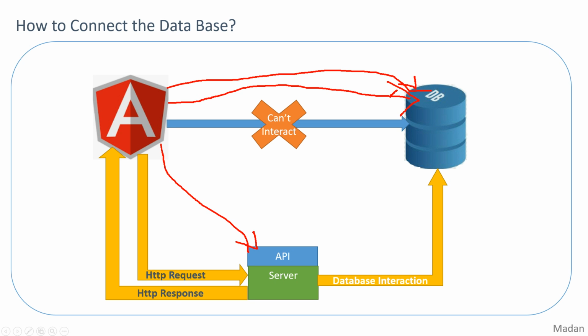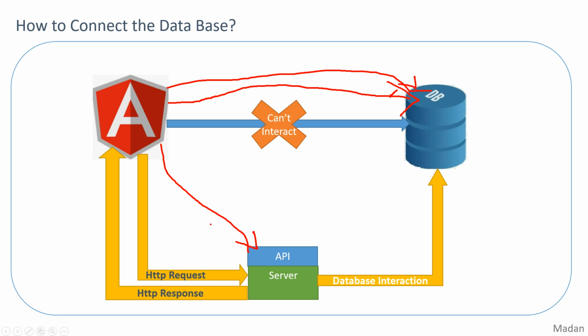Here the API is nothing but the application program interface, which is designed and developed by server-side languages, like .NET, PHP, Node.js, or Java. So Angular needs to make a request to the API, and then Angular can get the response from the API.